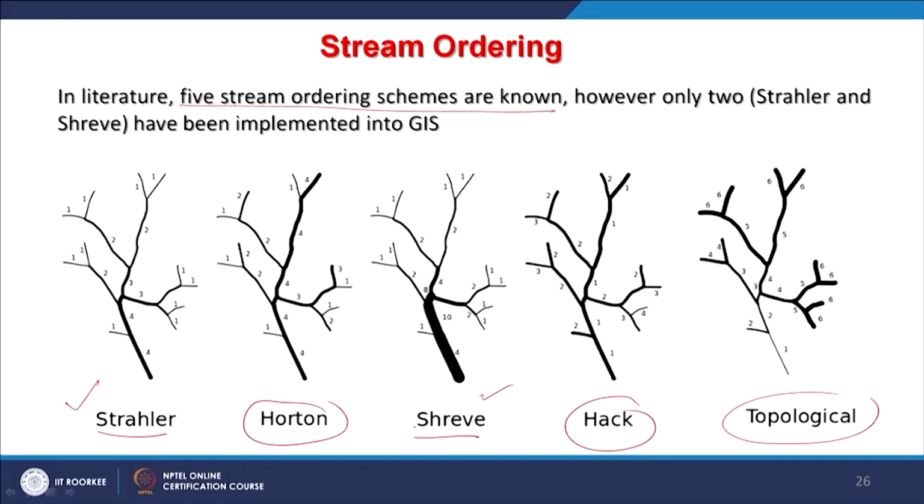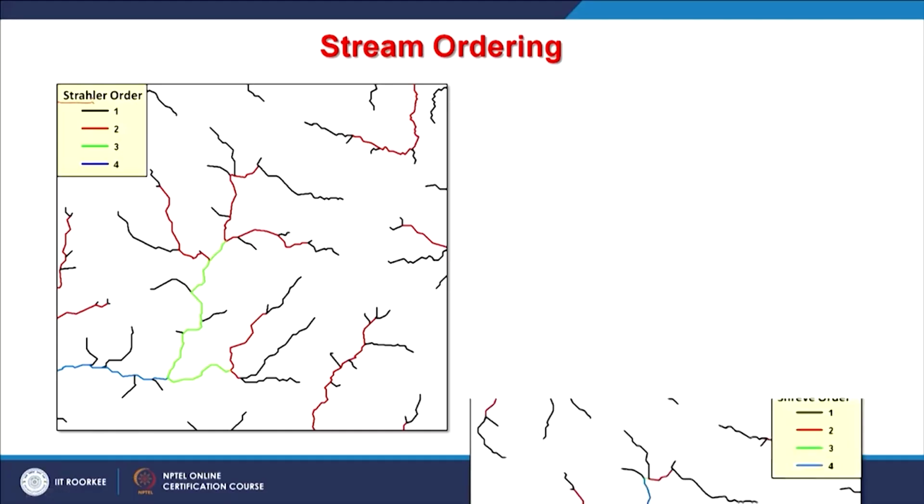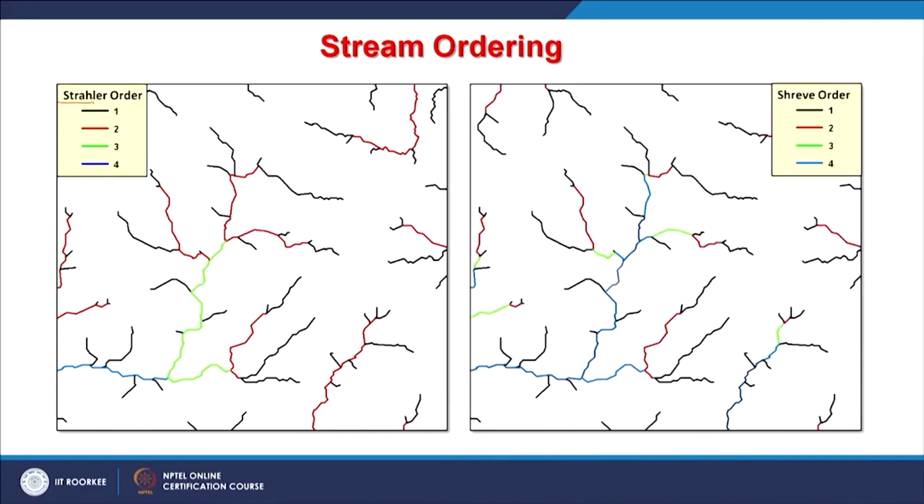So let us take a very simple example. Now stream ordering has been done. For the drainage network which I showed, which had the background of shaded relief model, stream ordering has been done here. You can check using the Strahler method. So for example, this is first order, and then there is also a small one.